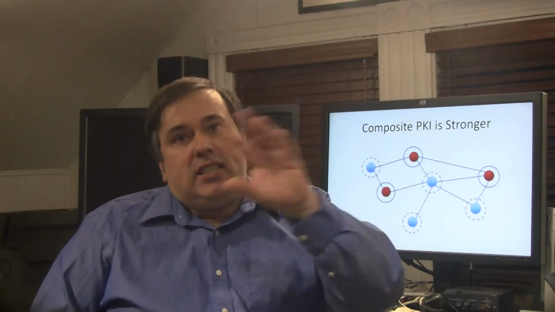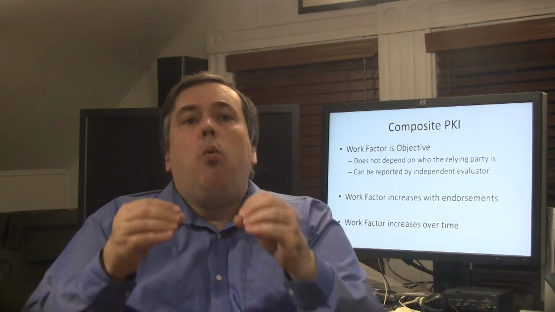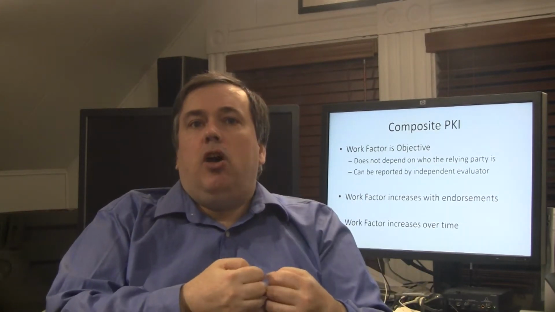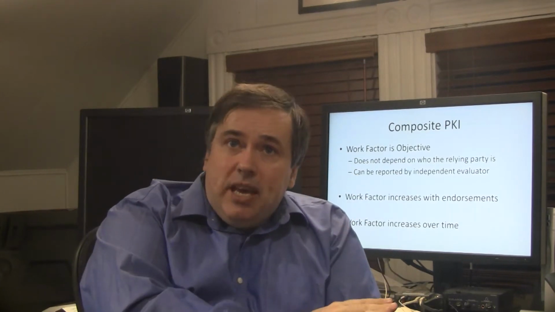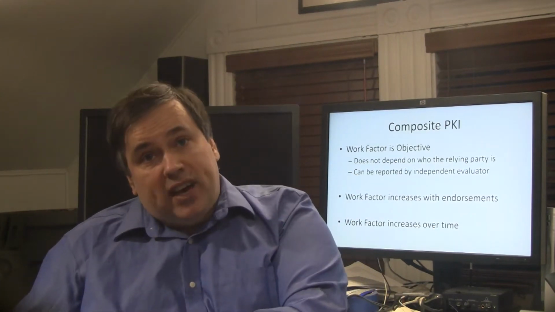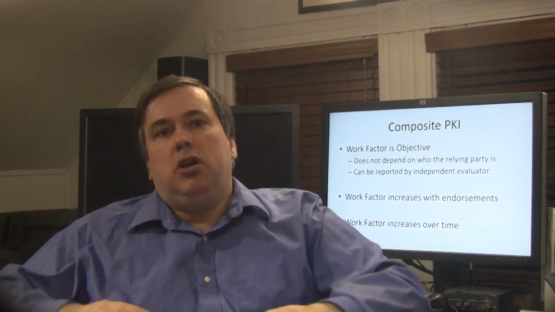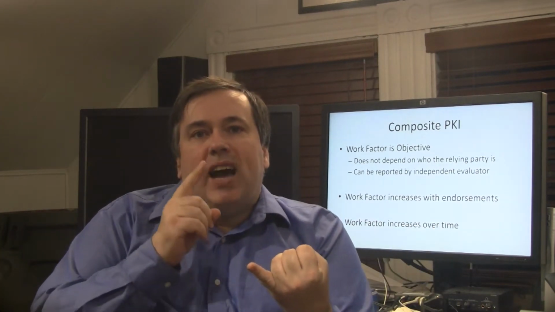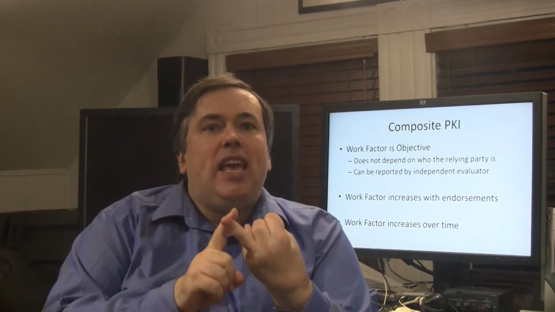And then we can go to the next stages. The point here is that we've taken what was a subjective work factor that depended upon the starting point in the PGP graph and a low work factor in the PKIC graph, and by merging the two, we've ended up with a work factor that is objective and increases with the endorsements.